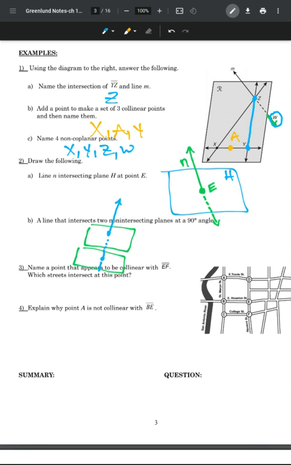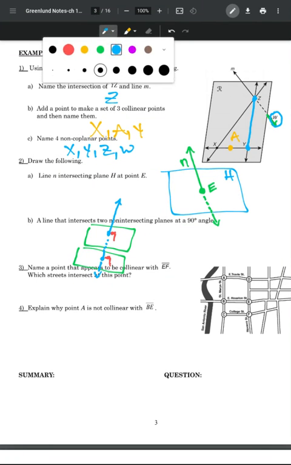And then same thing here. And then to show that they're at 90-degree angles, what we can do is do our little square. It's not perfect, right? But draw our little right angle symbol. So kind of think about two pieces of paper stacked on top of each other with a line going through there.